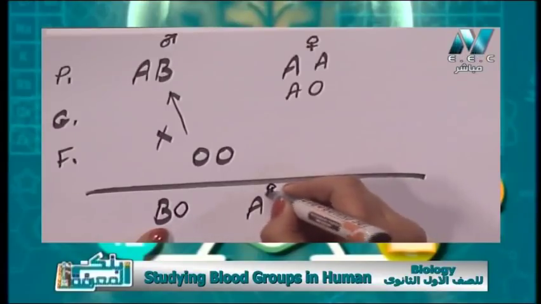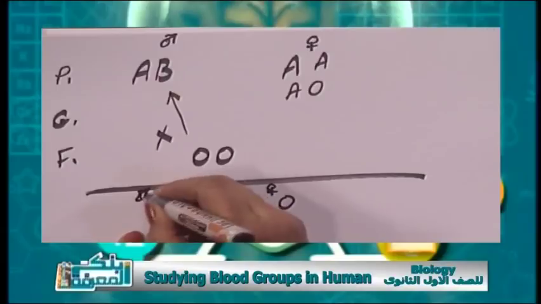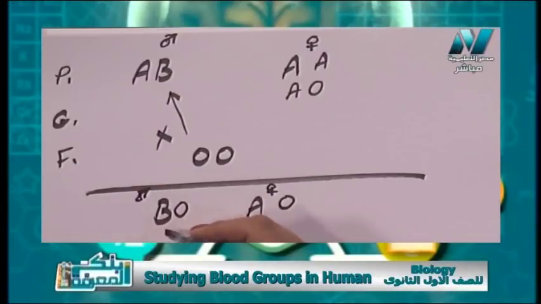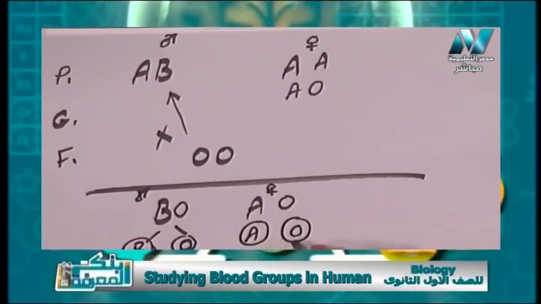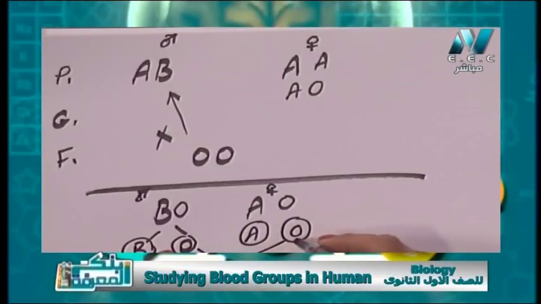So here is the mother, and here is the father. Of course, this father can have a gamete with O, and the mother also can have a gamete with O. So this child can get O from each parent.